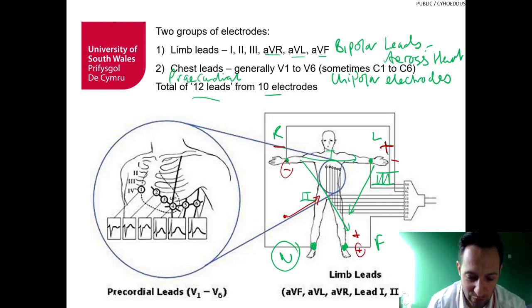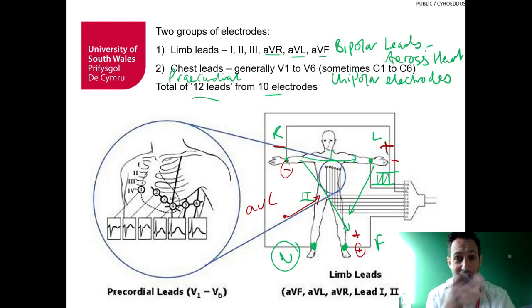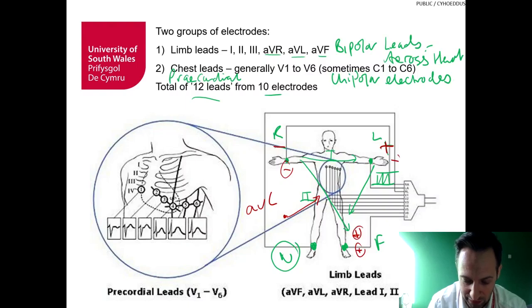So this is what's called an augmented vector, and it's looking towards the left arm. So AVL, augmented vector to the left. It's going to take this one, bring them together here and look at the heart that way, towards the right, AVR. Okay?